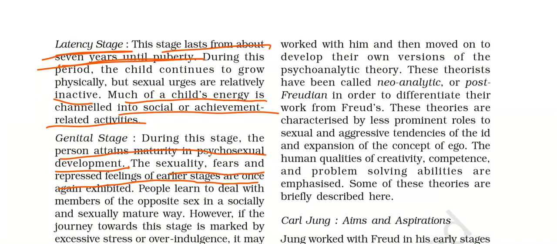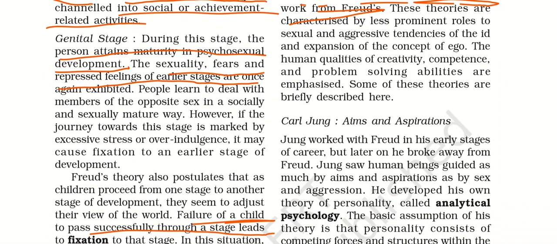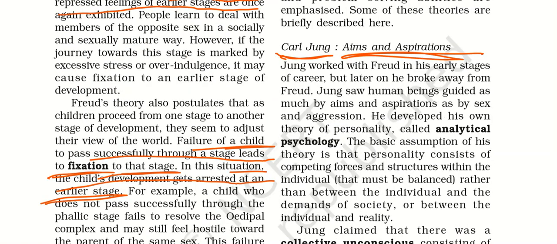These theorists have been called neo-analytic or post-Freudian in order to differentiate them from the work done by Freud. So let's see. We have Carl Jung, aims and aspirations. Jung worked with Freud in the early stages of his career.